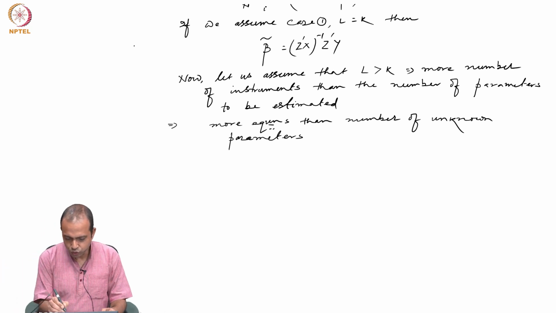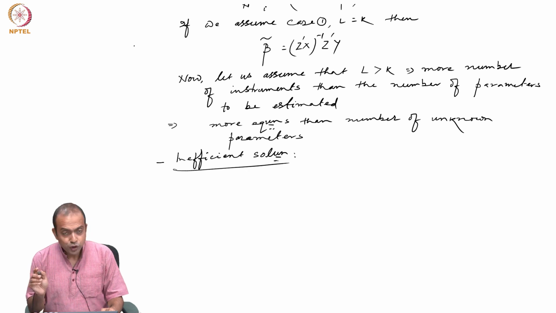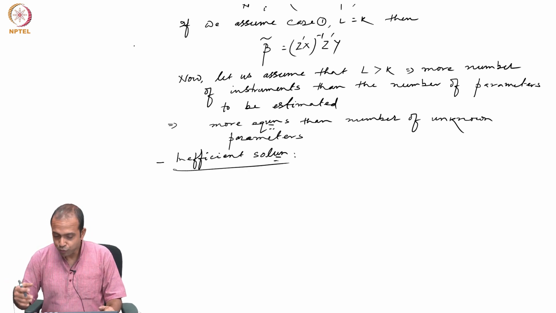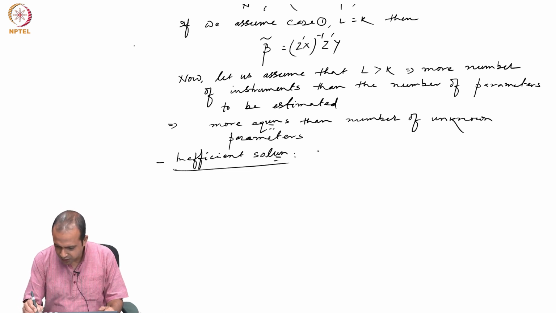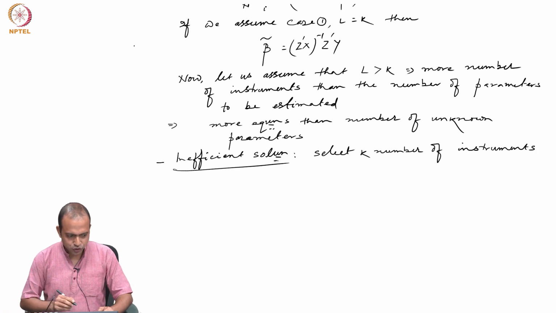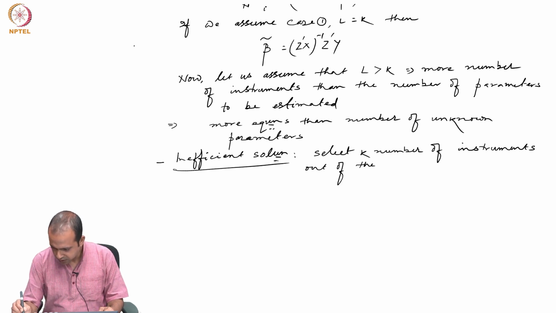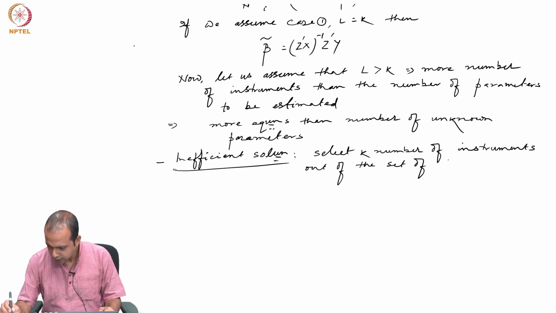So what we can do in this case, an inefficient solution, is when you have more instruments than the number of parameters to be estimated, we can always select k number of instruments out of the set of L instruments.